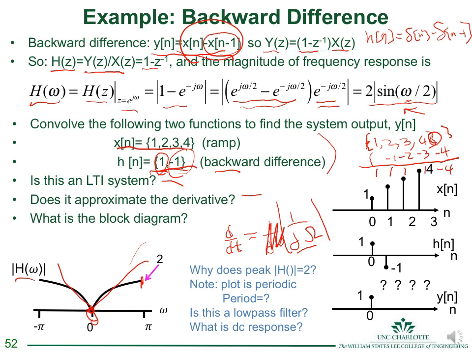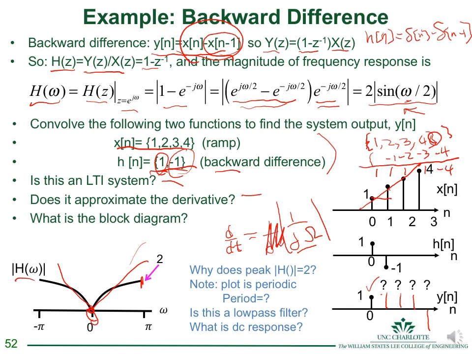Does this look like the derivative? And indeed it does. What is the slope of this ramp? Well, the slope or the change between point 1 and point 2, the slope is 1, and so I have that here. The slope beginning at the left, going from 0 to 1, I have a 1.